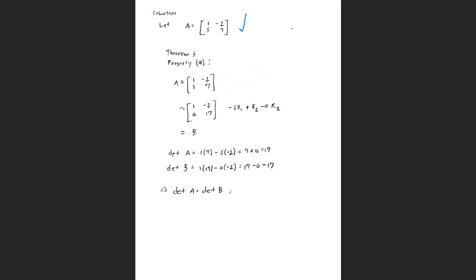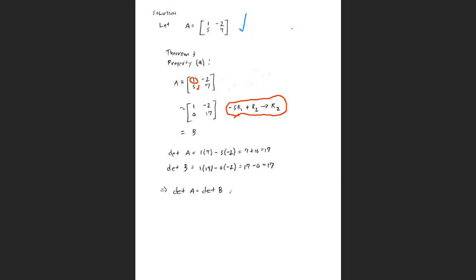What I'm going to do is a row operation on matrix A. We like zeros generally in our matrices. So I'm going to use the 1 as a pivot to produce a 0 where the 5 is. The row operation is I'm going to take -5 times the first row, add it to the second row, and the second row will be replaced by that sum.